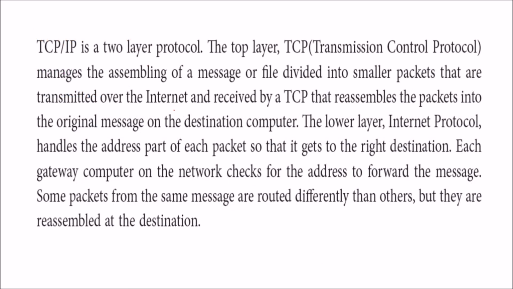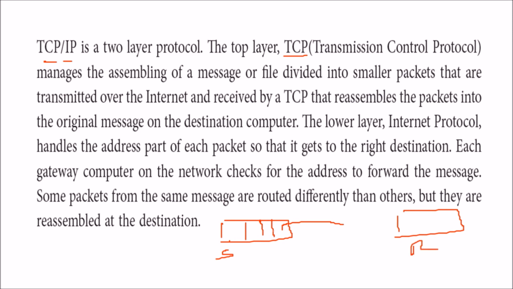TCP/IP is a two-layer protocol because one is TCP, one is IP. What is this TCP layer, Transmission Control Protocol? It manages the message. That means the messages are divided into packets, and these packets are sent from the sender to the receiver. Once they are received, they are reassembled to make the actual message.